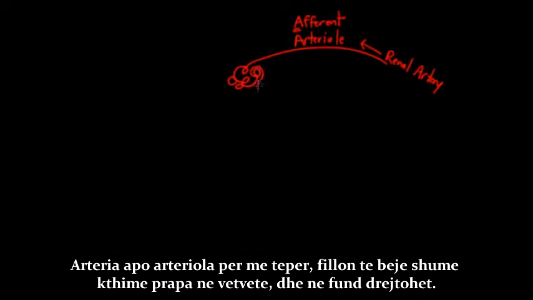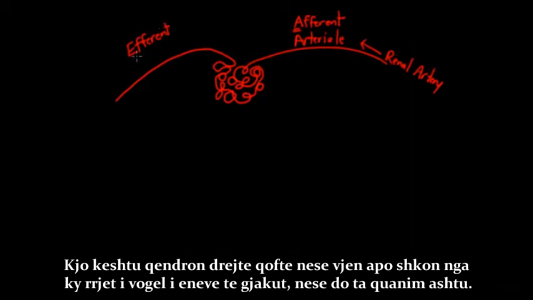The arteriole starts making a lot of little turnbacks on itself and finally straightens out. And when it does, we call it the efferent arteriole. So that's how we keep straight whether it's coming or going from this little network, if you want to call it that, of blood vessels.